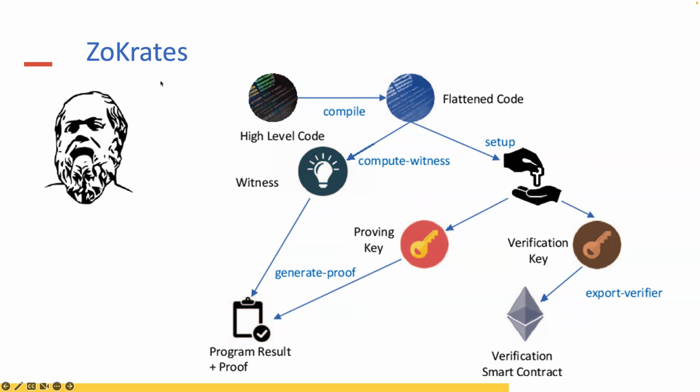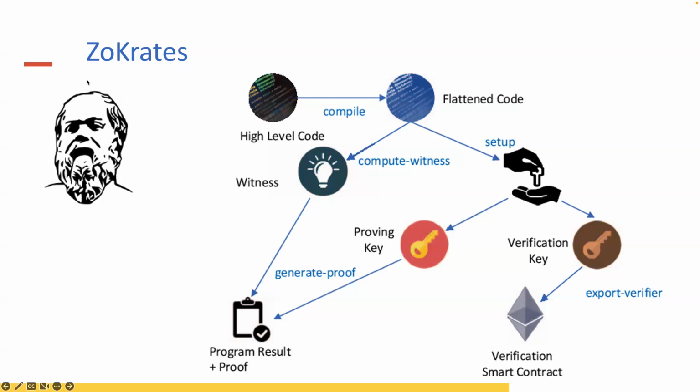Basically, ZoKrates is a tool to generate and run zero knowledge proofs, specifically ZK-SNARK, usually on public blockchains. It does all the 3 steps we have seen before.